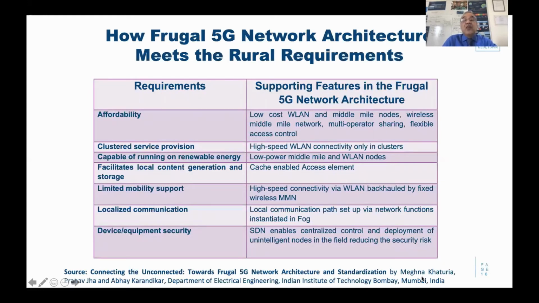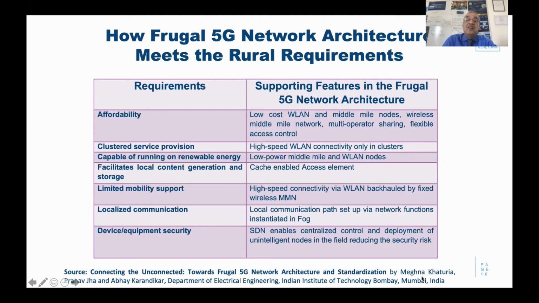Capable of running on renewable energy: as I told, the grid power is not reliable. So low power middle mile and wireline nodes, because they are low power, you need to generate very little power, and you need very little storage capacity in your battery, and that makes it low cost. It also facilitates local content generation and storage, through a cache-enabled access element, and that is edge computing.